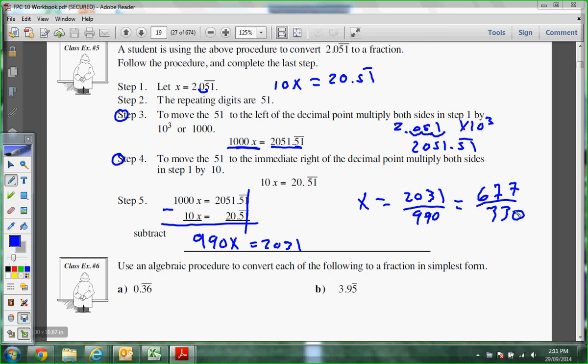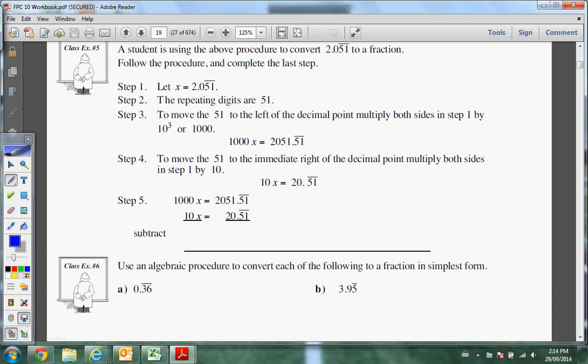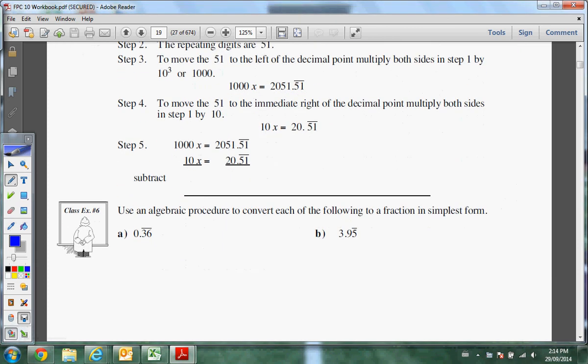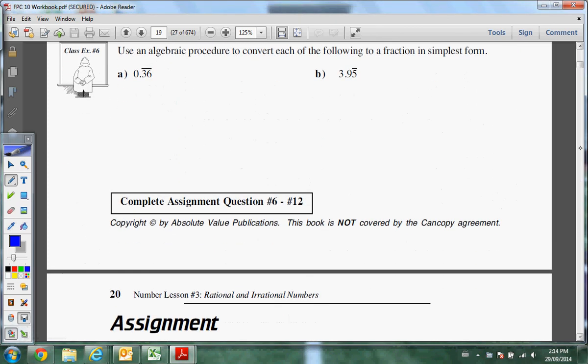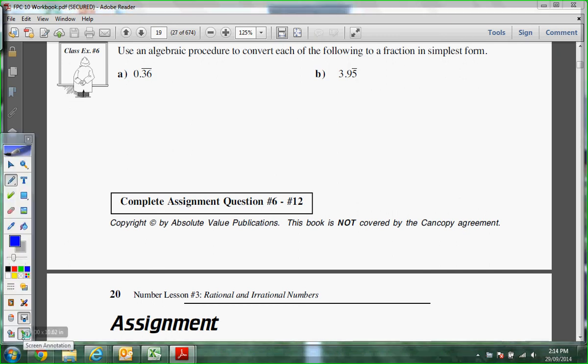We're going to do 2 more together here, so I know that was probably the most confusing part of today. Let's do 2 more together. All right, so step 1, x is going to equal 0.36 repeating.